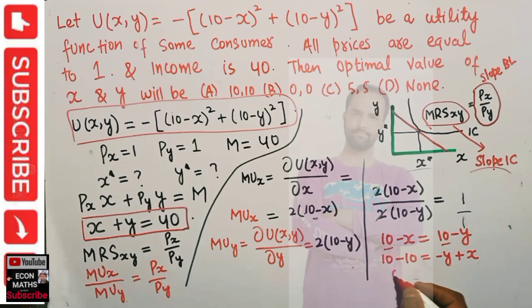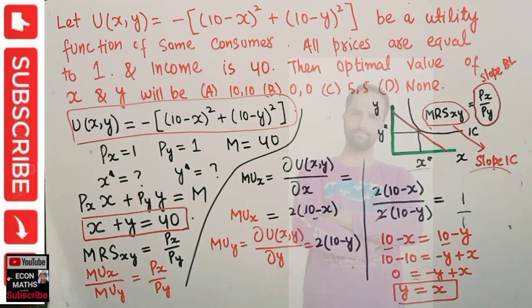So 10 minus 10 is 0, is equal to minus y plus x. Now transposing minus y here, so it becomes plus y is equal to x. Okay, simple mathematics. So our x should be equal to y.